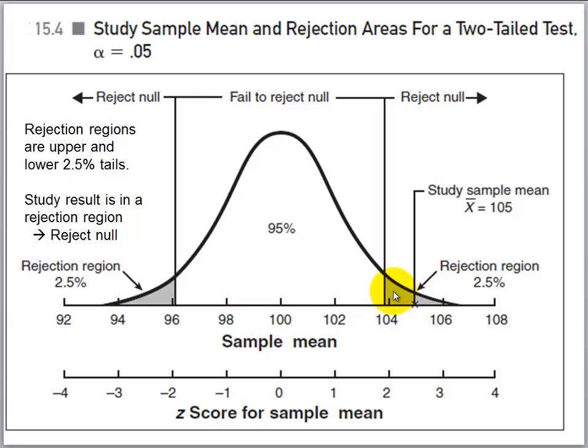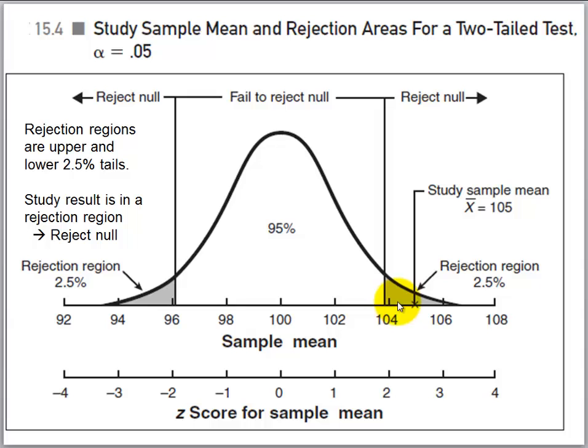And so, just intuitively, we're going to reject the null at the 0.05 level when the probability of obtaining the result due to chance alone is less than 5 times in 100. So these rejection regions are showing, in essence, the 5 times in 100. Given a true null, only 5 times in 100 do you get a result in a rejection region.